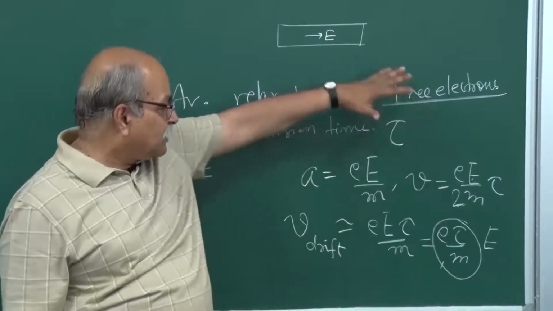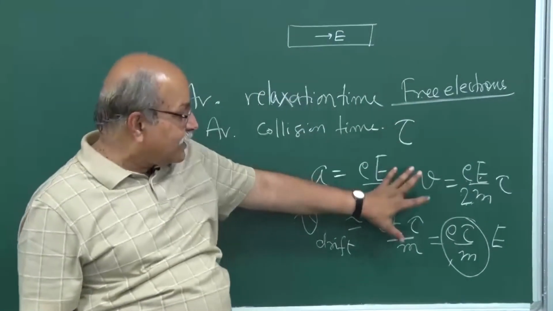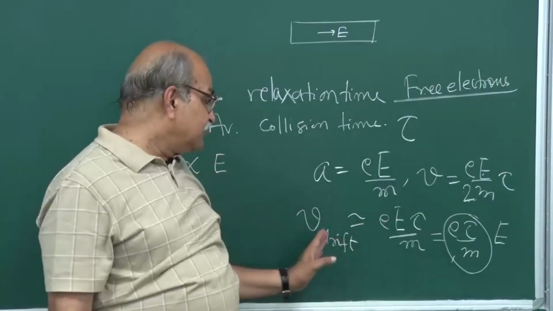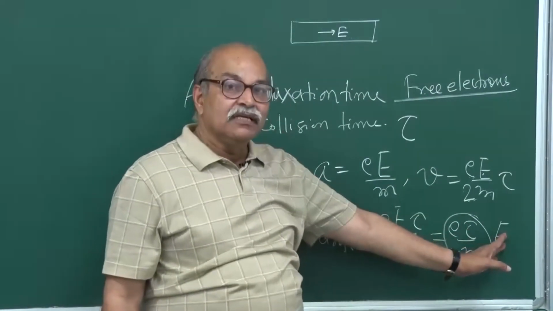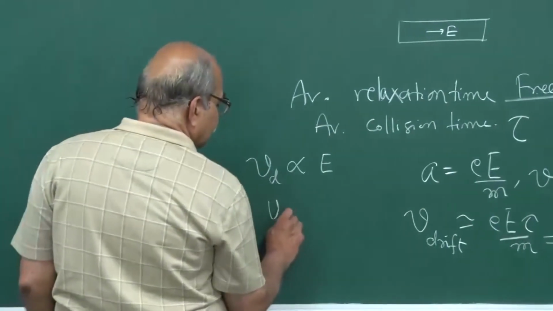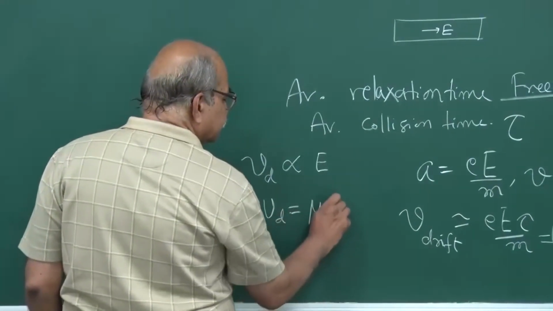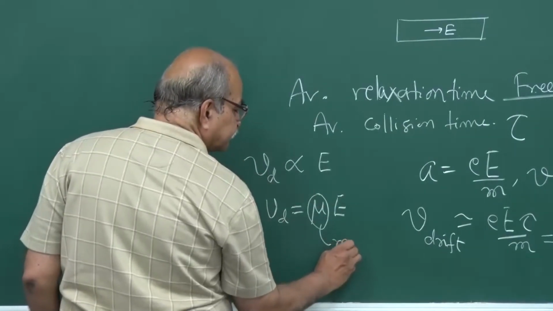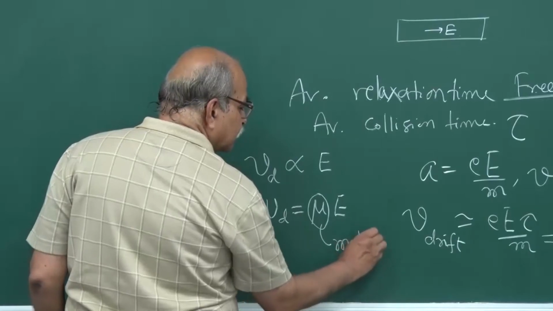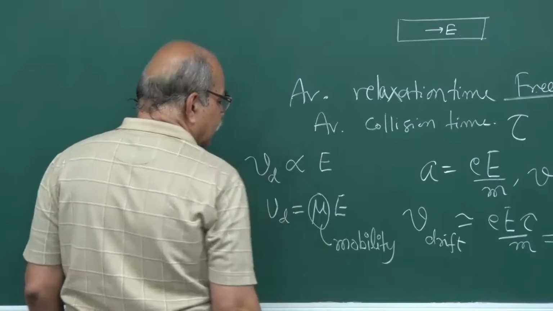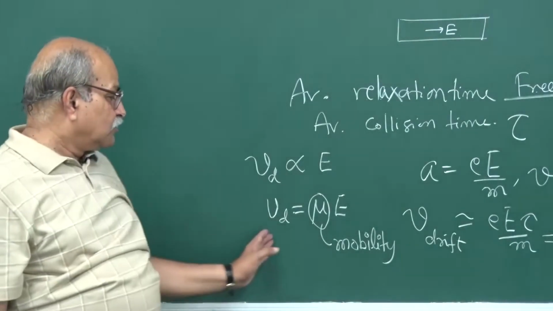But even if all these approximations are not taken and better calculations are made, this Vd will be proportional to E. And that proportionality constant, whatever it is, is written as mu, and this mu is known as mobility.